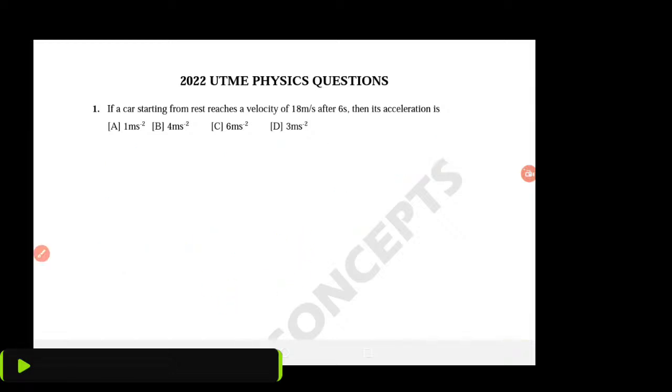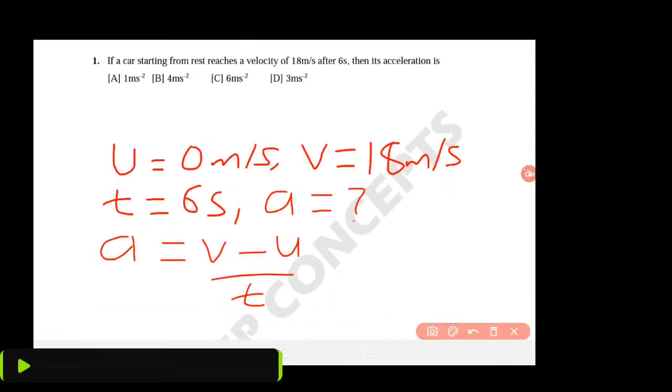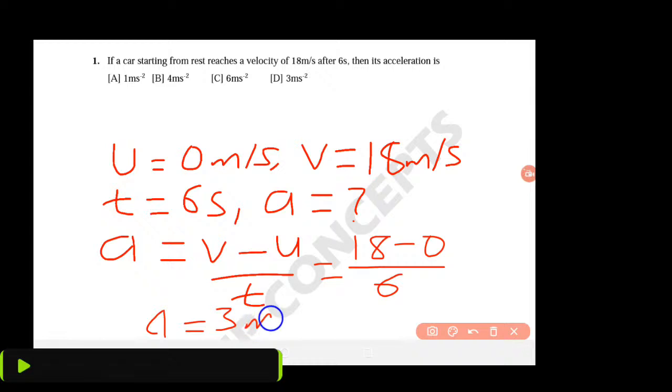So we have a equal to (18 minus 0) divided by 6, and with this our a will be equal to 3 meters per second squared.